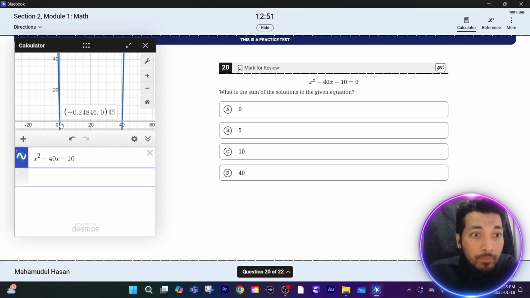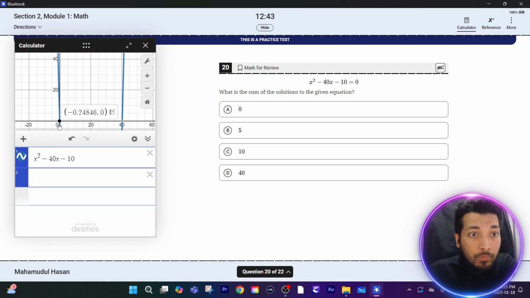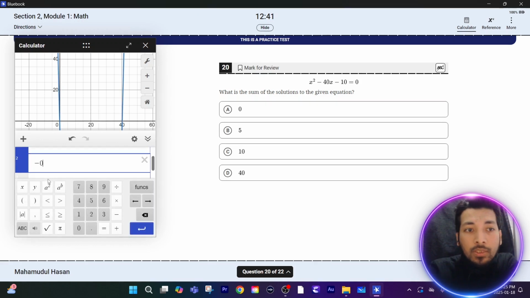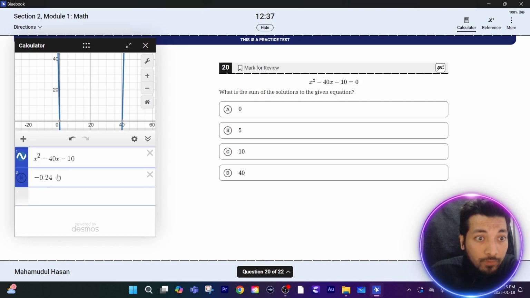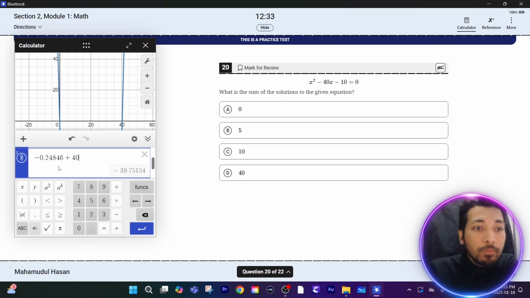So if we add these two solutions, negative 0.24846 plus 40.24846, that's how you can get the answer. The correct answer is D.